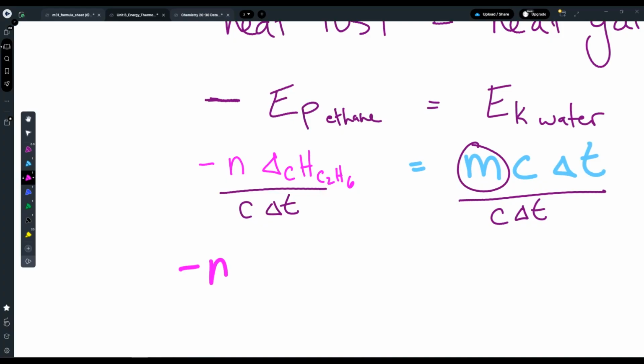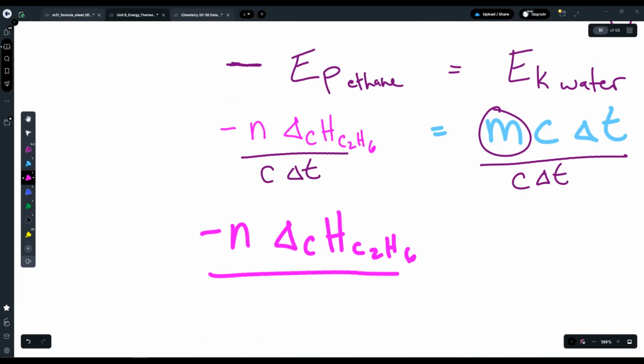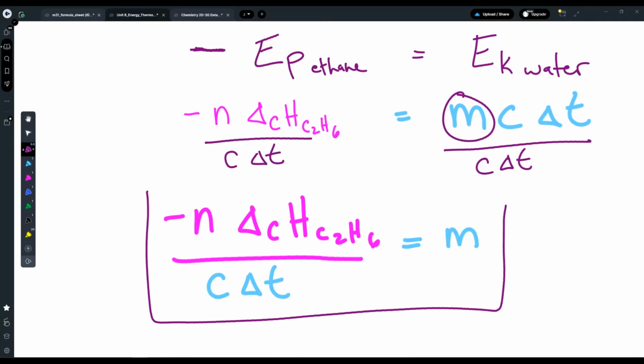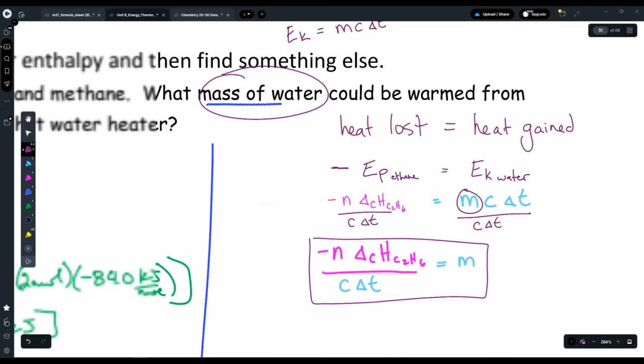So we have negative moles times molar enthalpy of combustion of ethane divided by specific heat capacity of water times change in temperature of water. That's going to be equal to mass. So this is the equation that we use.